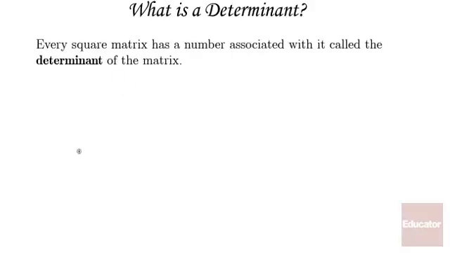Just talking about some convention, when we write a determinant, we use vertical lines like absolute value bars. So for example, if I had a square matrix that was 2 by 2 and I wanted to indicate that I'm talking about the determinant of that matrix, I would write it as such.